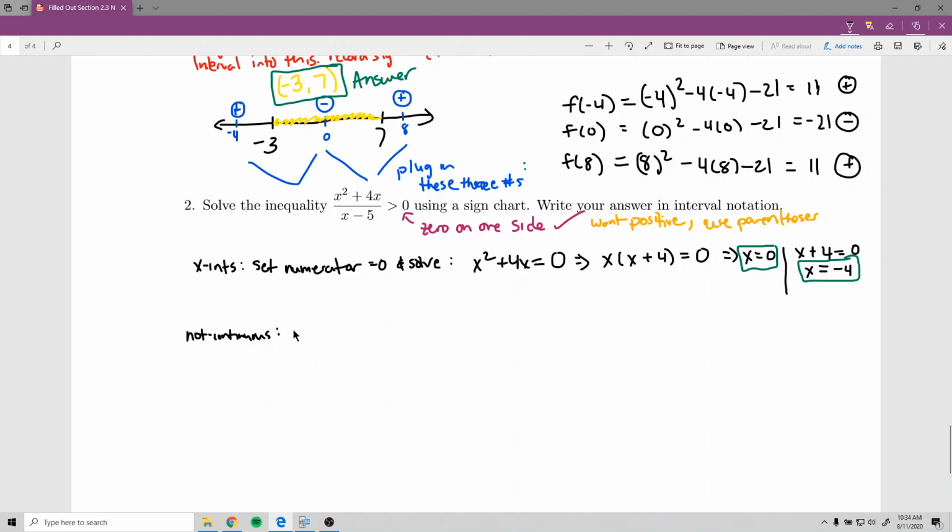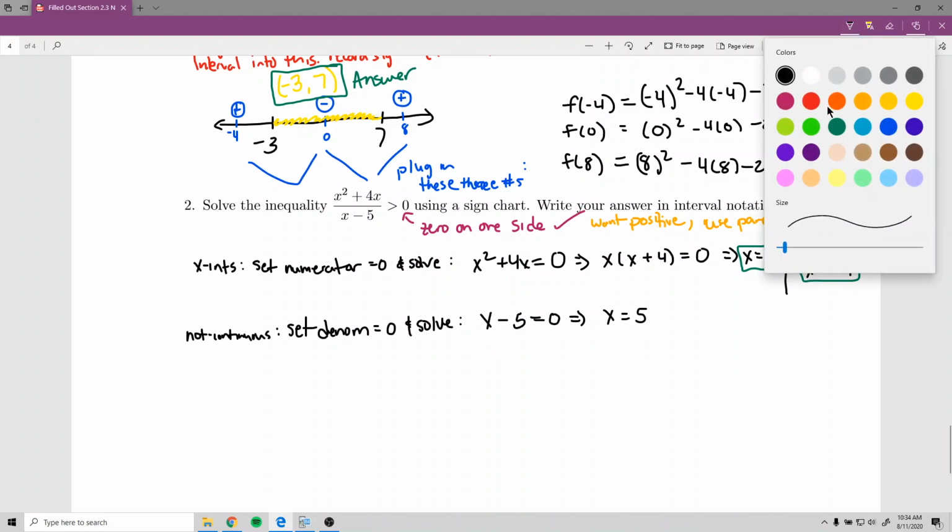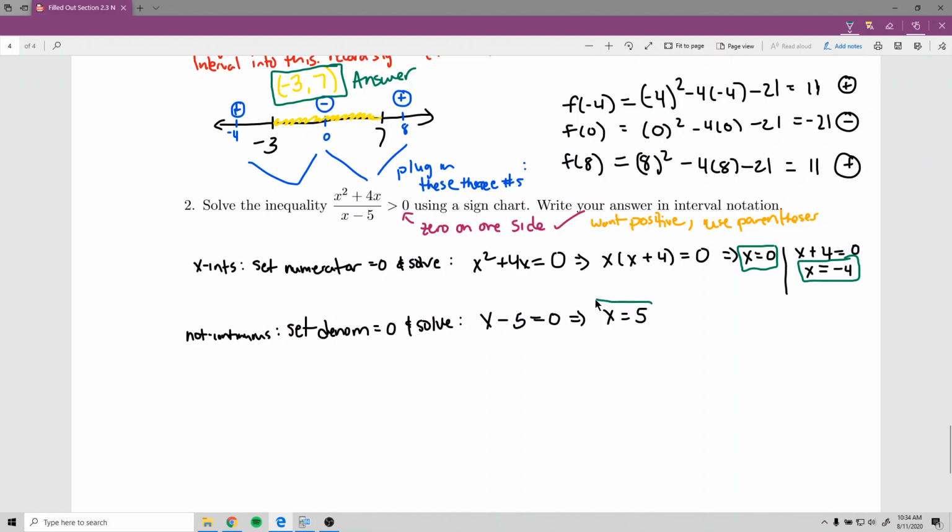So we have to set the denominator equal to 0 and solve that as well. We got x minus 5 equals 0. And that one's pretty straightforward to solve. We add 5 to each side and we get x equals 5. So we got 3 numbers here that we're going to put on the number line. We got 5, we got 0, and we got -4.